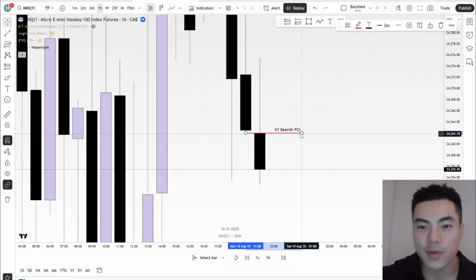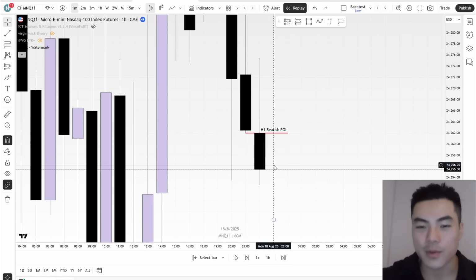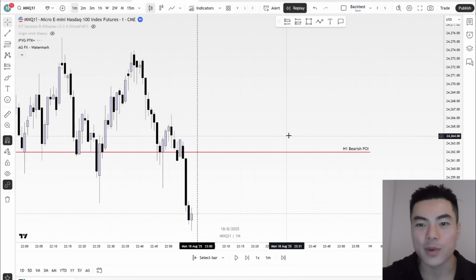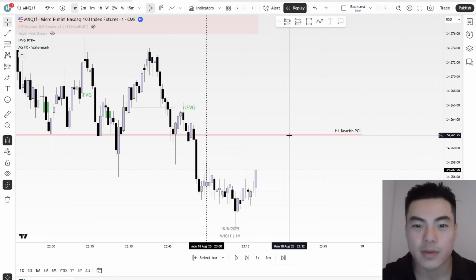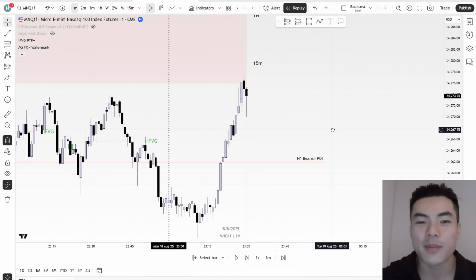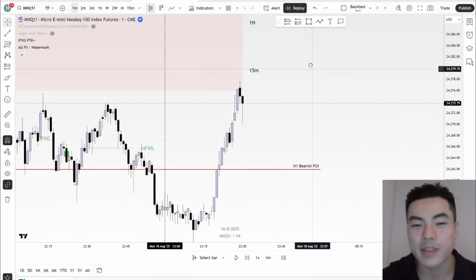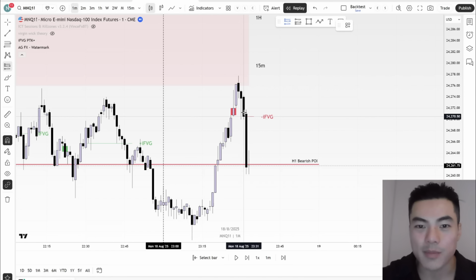And so from 11 p.m., you can then drop down to the 1 minute time frame and look for a short. If the POI gets engaged, boom, POI gets engaged, bang, our higher time frame 15 minute fair value gap. Looks like there's a 1 hour gap there as well. Gets engaged, then bang, fair value gap, FVG confirmed.